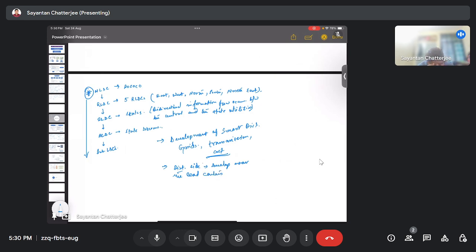So on the distribution side, we can say DES enhances the development of power near the load centers. And when we can develop or generate the power in the load centers, that power can be catered in the distribution side itself.